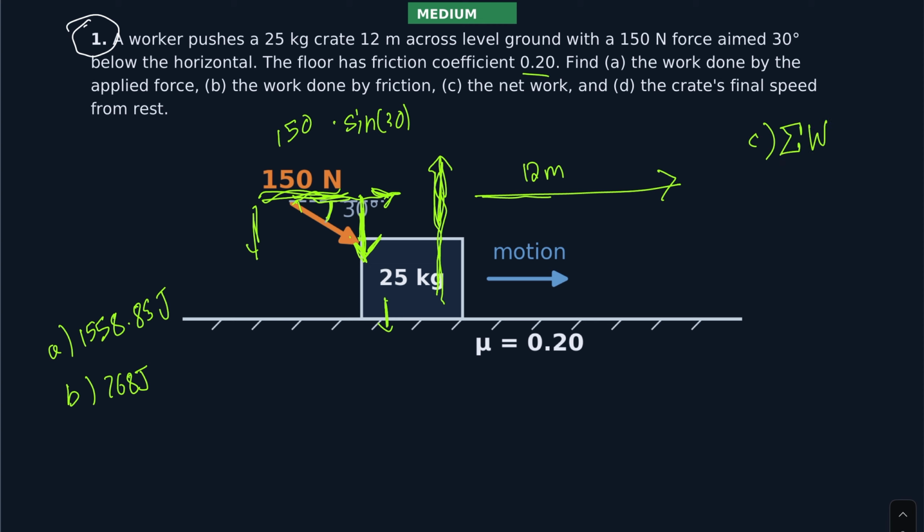It's just this work minus this work, right? Because if I consider right the positive direction, then this applied force here is in the positive direction. Okay, so 1558.85 joules minus 768 joules. That's our net work, which should give me about 790.85 joules. My net work.